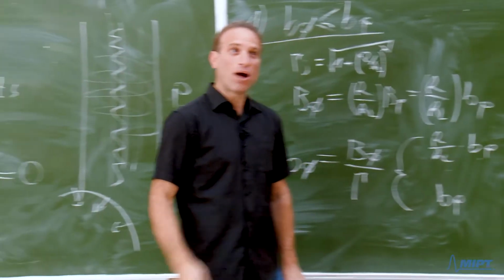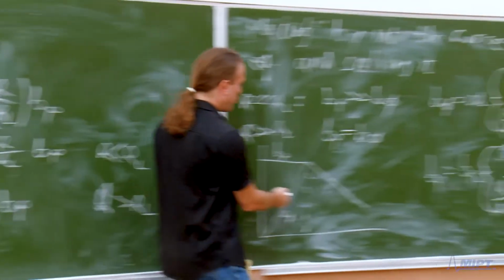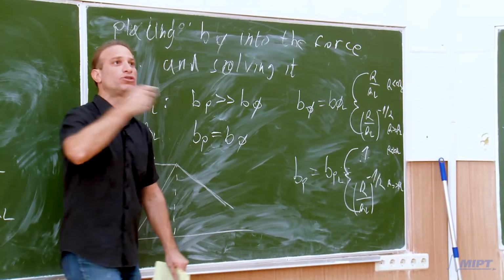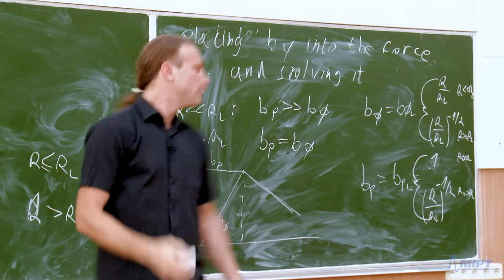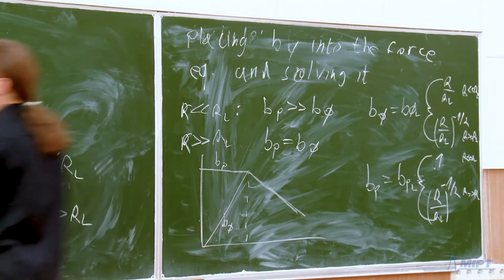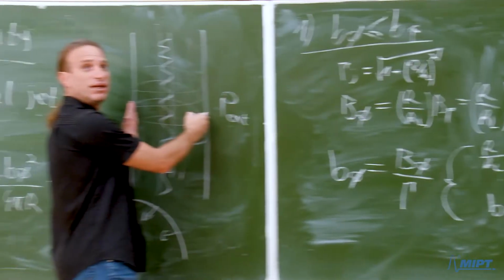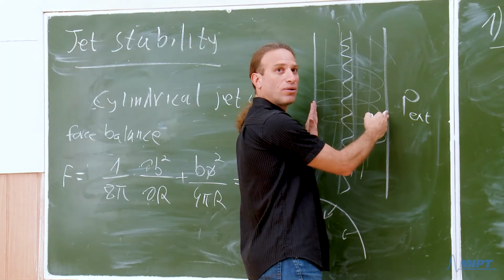Okay? Now, by the way, if I want to see what is the current distribution that supports this, I need a current distribution that goes all along the z, all along the jet. Okay?